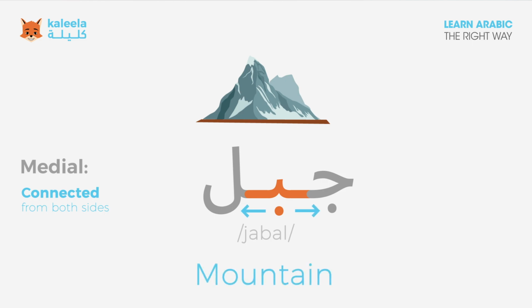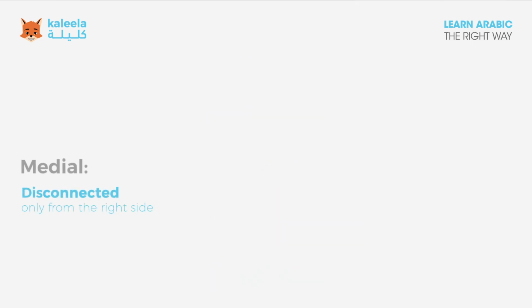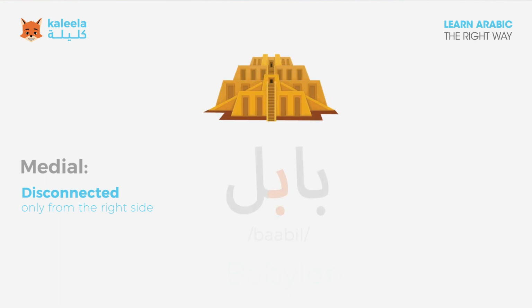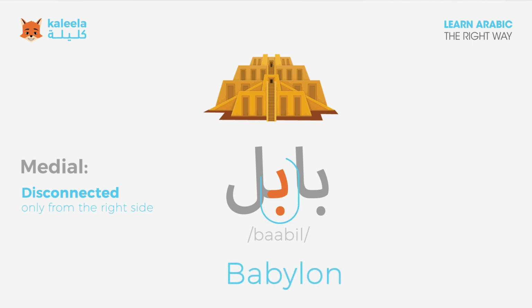Here it is connected from both sides and looks like a long horizontal curve that is cut in half with a dot underneath. The second case is when it is disconnected only from the right side, as in Babel, which means Babylon. The Ba here looks like a long horizontal curve that is cut in half with a dot underneath.